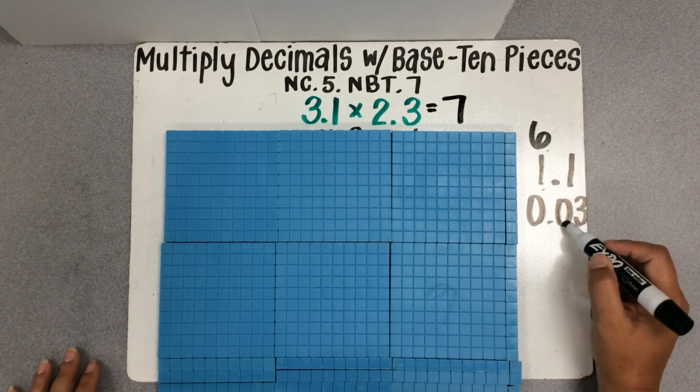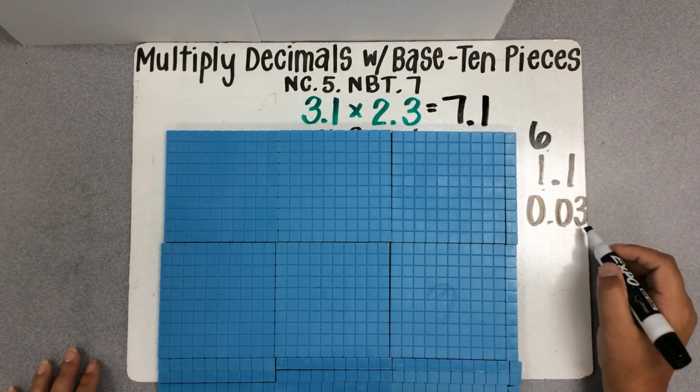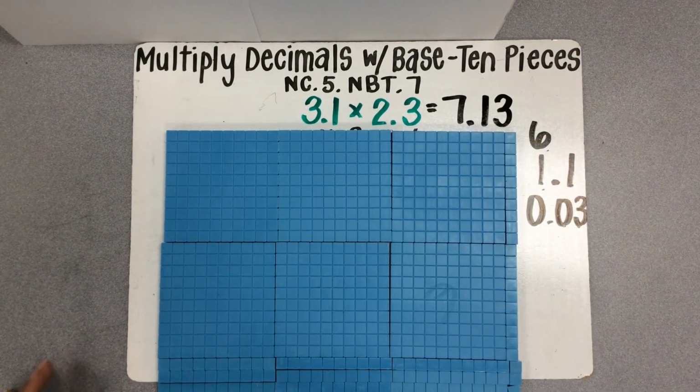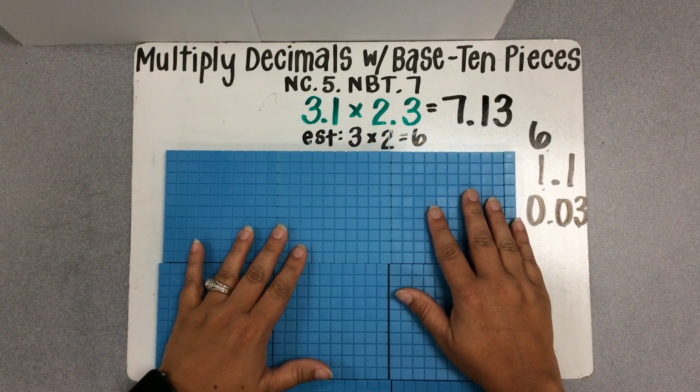There are no tenths there and 0 tenths in the 3 hundredths, so I'd have 1/10. And then I know I have 3/100. And so this would let us see that the product of 3 and 1/10 and 2 and 3/10 is 7 and 13/100.